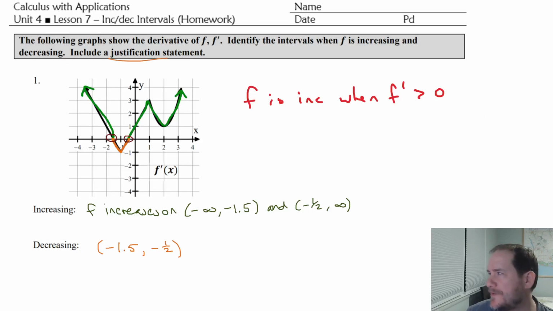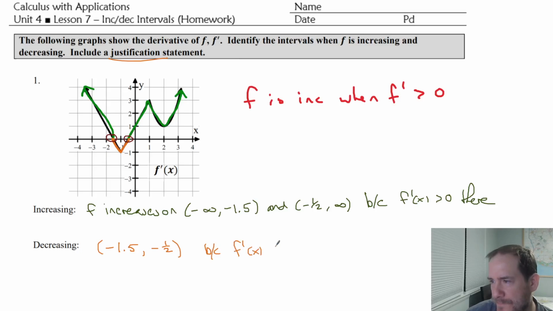So all you have to do to justify is say we increase on these intervals because f prime is positive there. And to justify why we decrease on this interval, just say because f prime is negative there. And that'll do it. That's all.